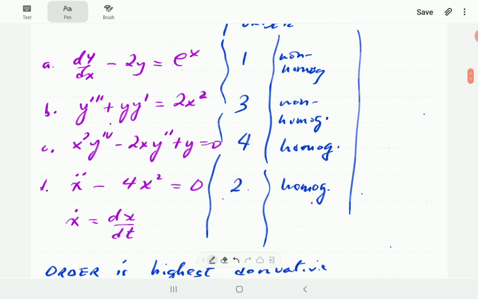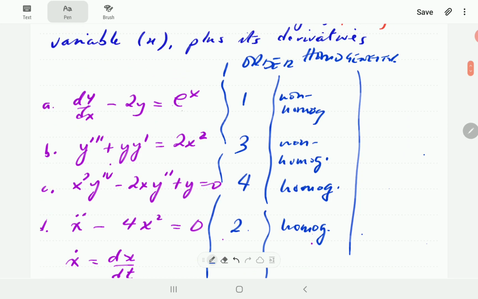So for instance, in A, that is linear because that's y to the power 1. That's y prime to the power 1. So this one is going to be linear.